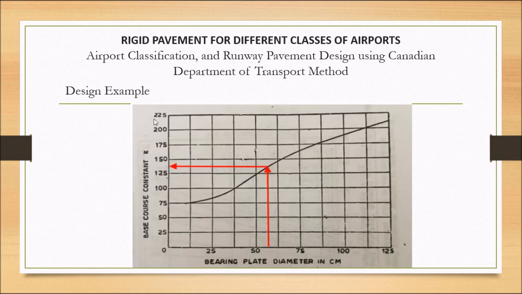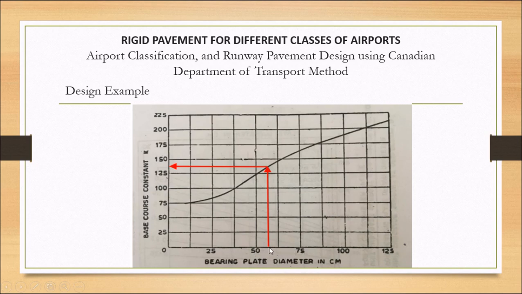So from this table, you can see our plate diameter was 57. So from 57, we move up and touch this graph we have here, and then move to the left. Because this is 50, this is 60, then we have 75.